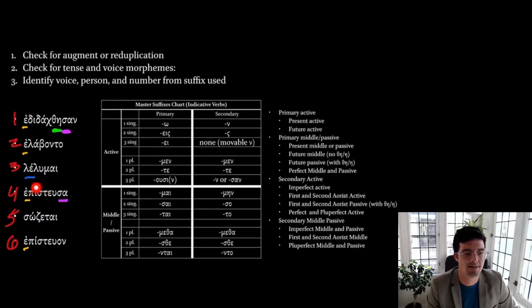So here we have an aorist, and because we don't have a theta eta, we know that this is not going to be a passive, so we know it's going to be a middle form. So aorist, middle indicative, and then we'll identify the voice, person, and number based on number 3 here. And we'll do this with all of these here.